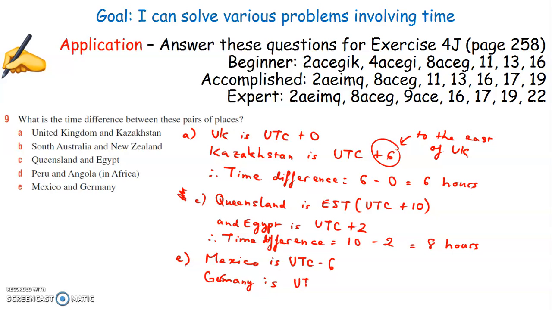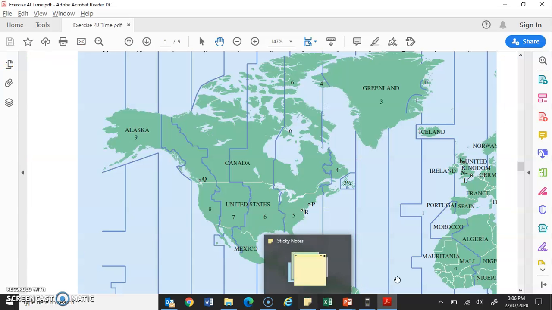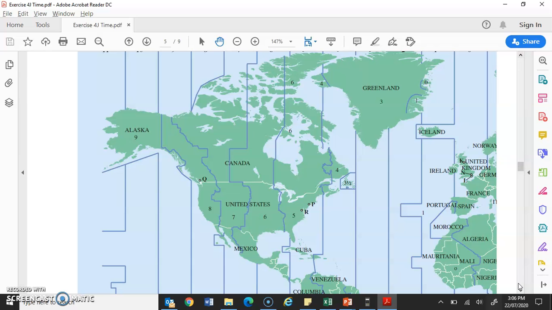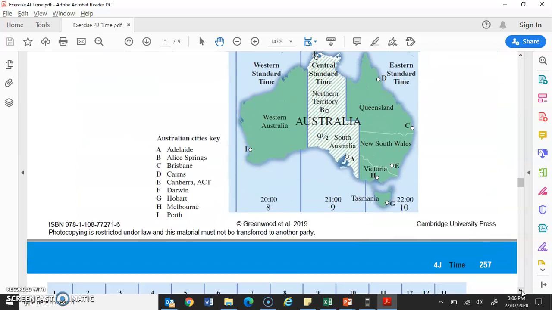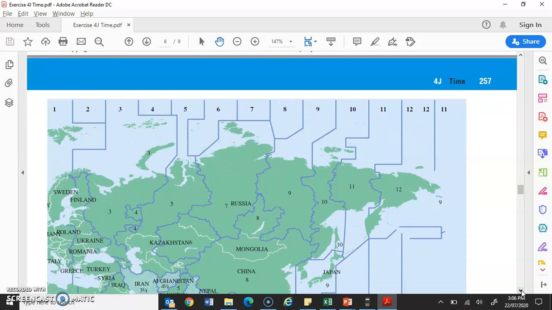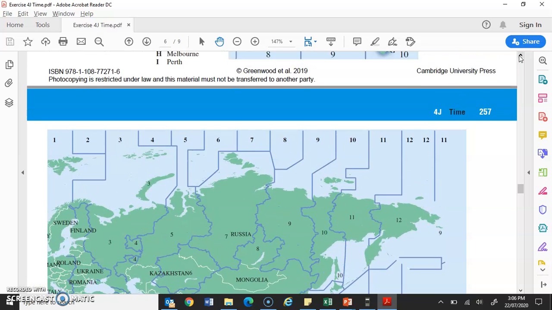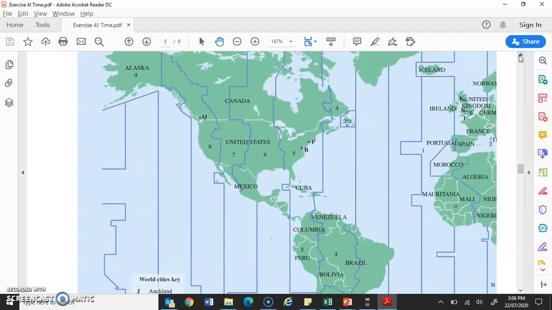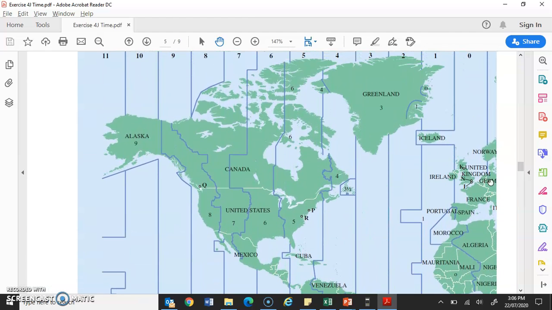Germany, on the other hand, you can find it right here, also on page 257. Not quite, but you can see Germany would be right there, and it is in time zone 1. And you can see that Germany is to the east of the United Kingdom.